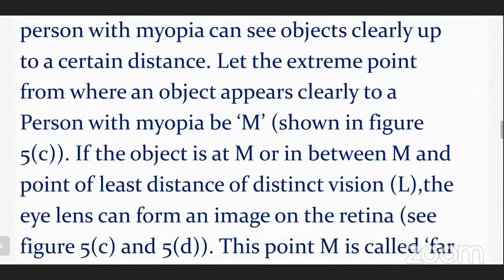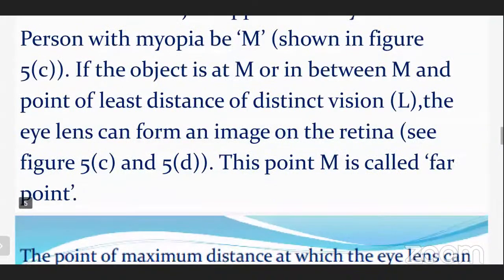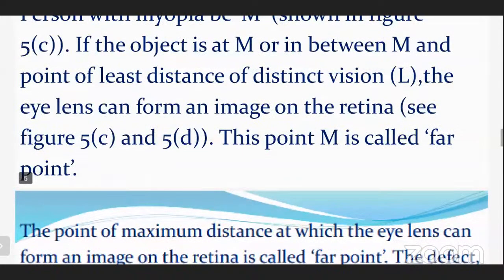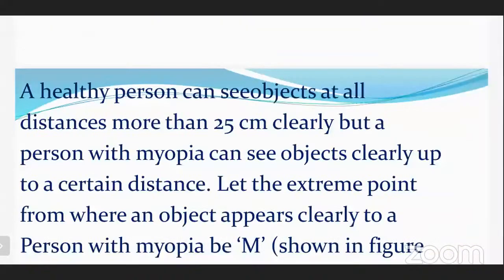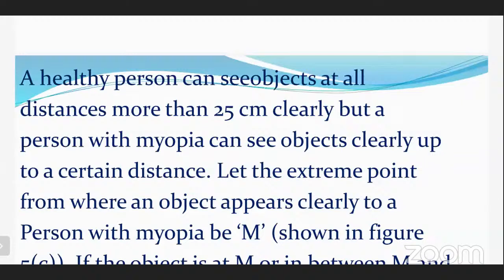A healthy person can see objects at all distances more than 25 centimeter. But a person with myopia can see objects clearly only up to a certain distance. Suppose, students, you hold a book at a distance of 30 centimeter.